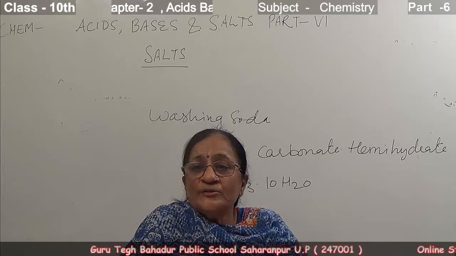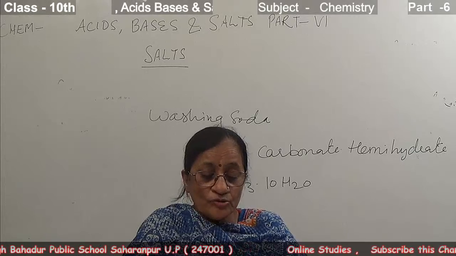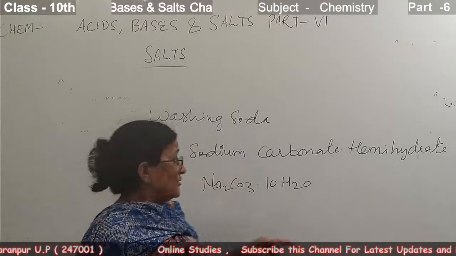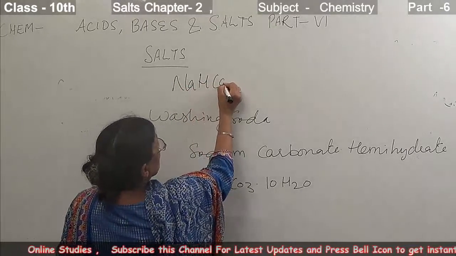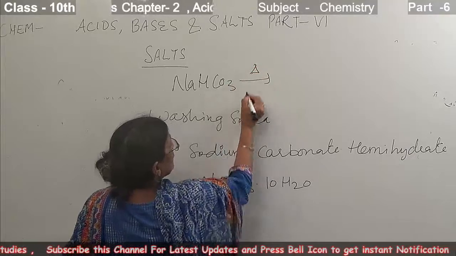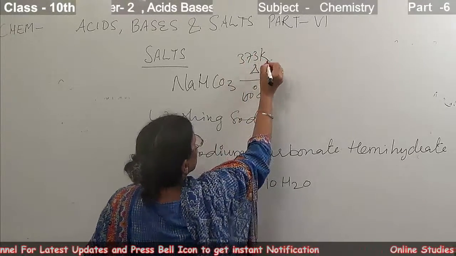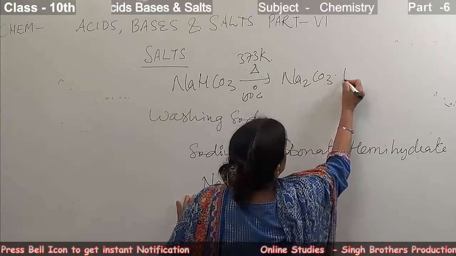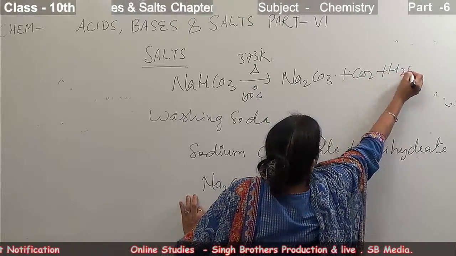Now it can be produced by heating sodium hydrogen carbonate, or baking soda. When this sodium hydrogen carbonate, NaHCO3, is heated strongly to 100 degrees Celsius, 373 Kelvin, it forms Na2CO3 plus CO2 plus H2O.